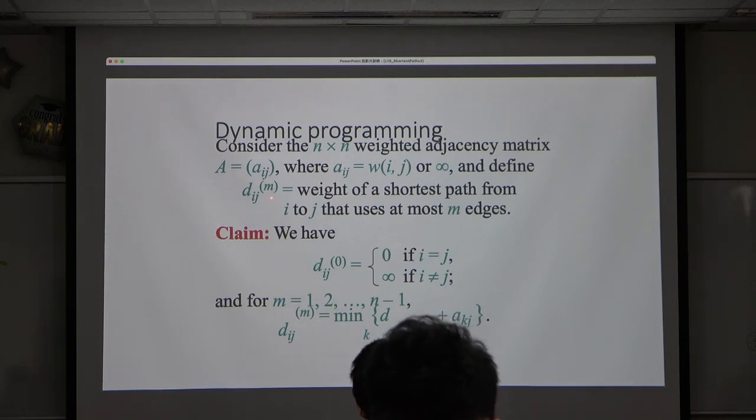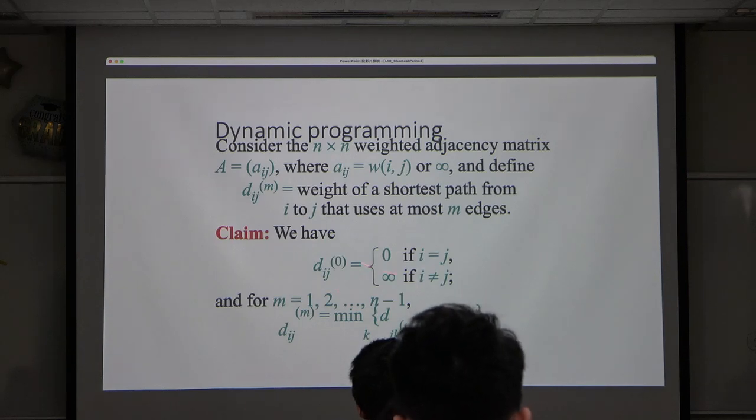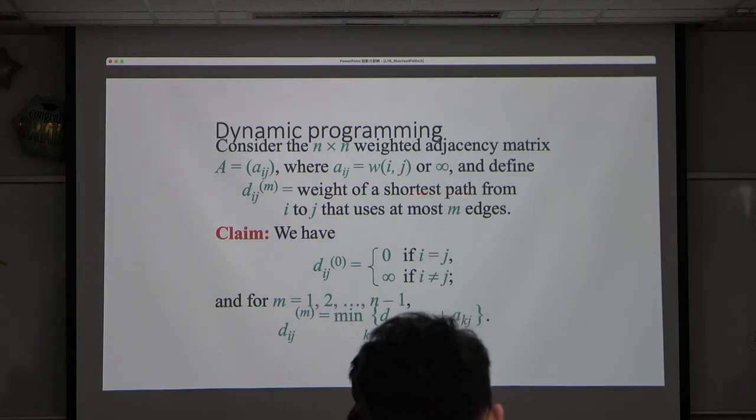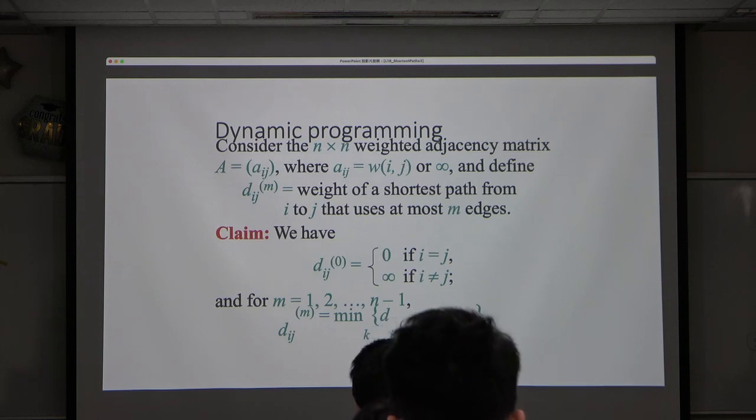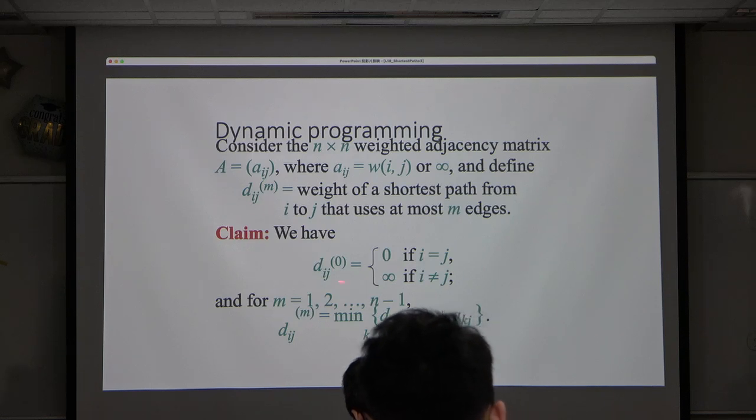And obviously the adjacency matrix is going to be like this. According to the definition of adjacency matrix, it is exactly the same as Dij0.